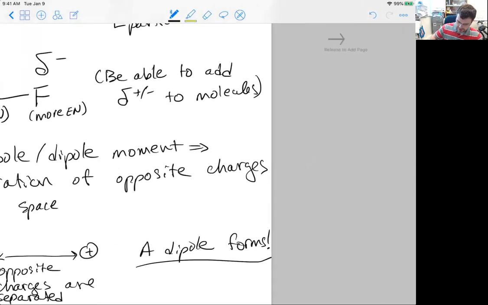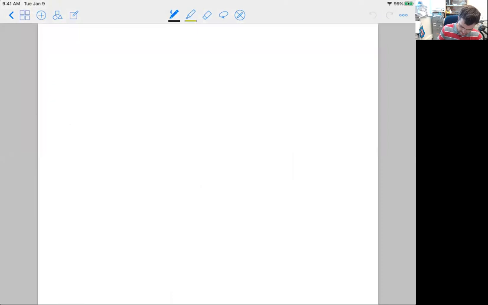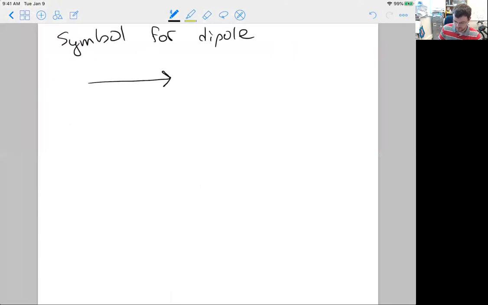Now, we can have a symbol for a dipole. The symbol for the dipole is an arrow with a little line on the tail to make kind of a plus sign.